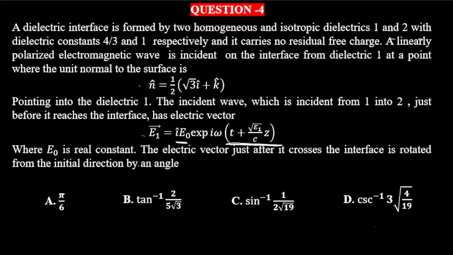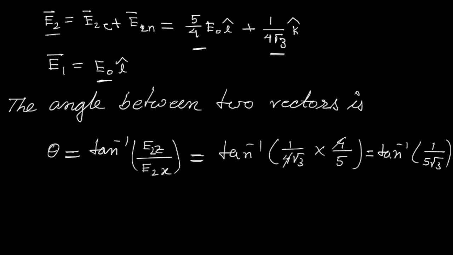So let's take a look at the options. You can see there is no such option, but option B is almost similar, where it is written tan inverse 2 divided by 5 root 3, but what we get is tan inverse 1 divided by 5 root 3. So we have to convert this into sine or cosec.